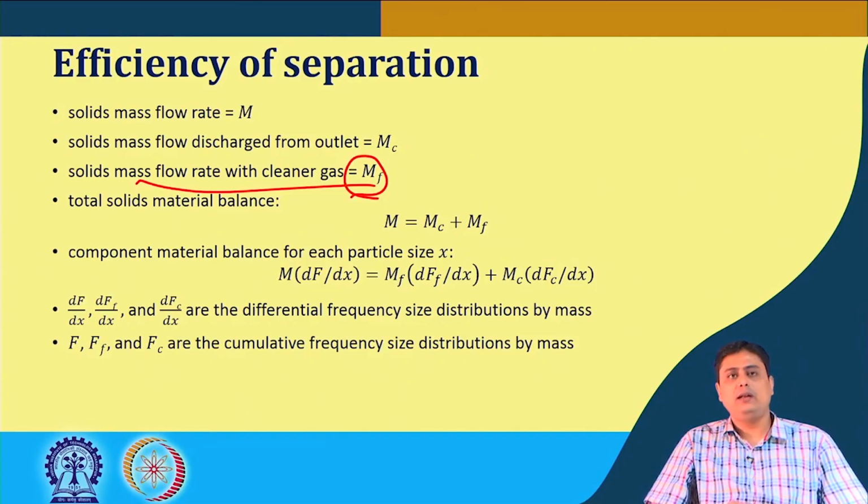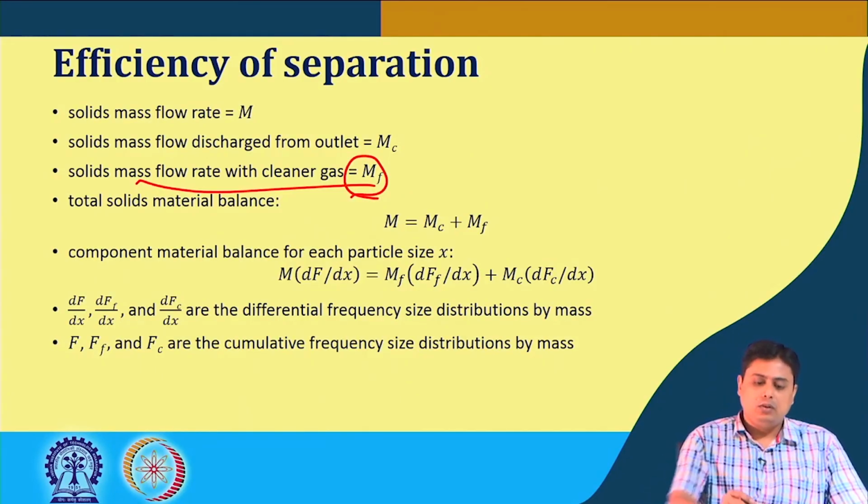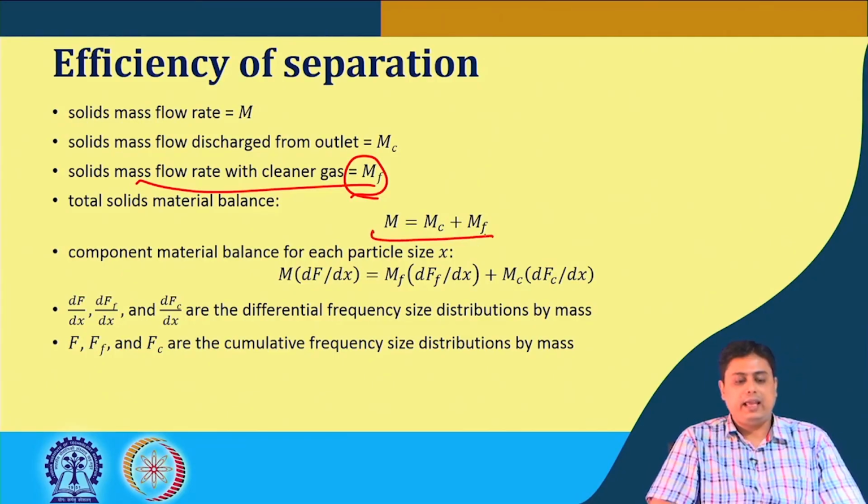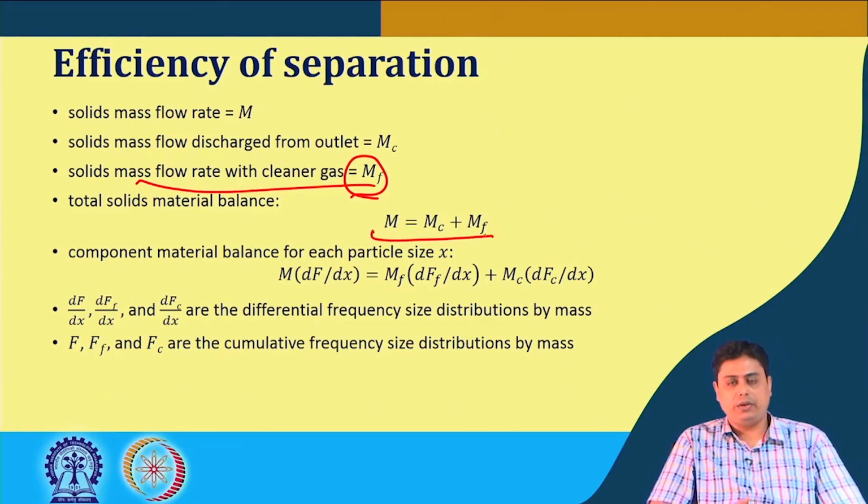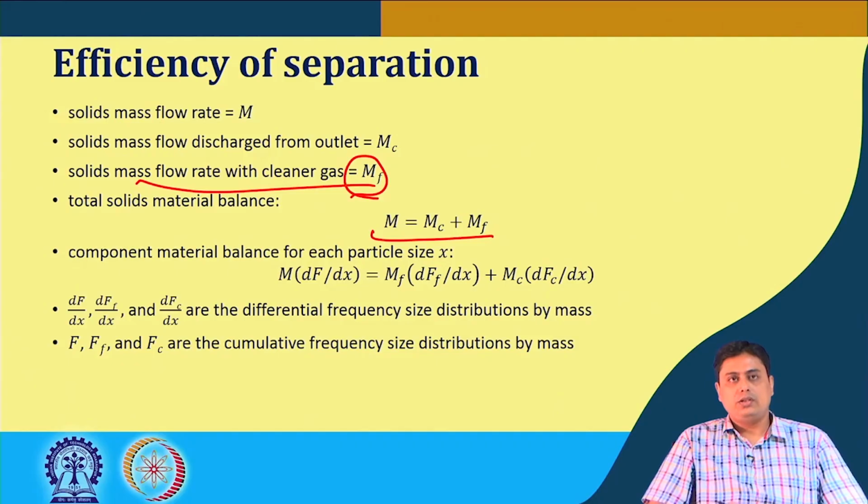Now, if we do the total solids material balance, we can write this expression that m, which is the total mass flow rate of the solids, is equal to the solids discharged from the coarse outlet and the finer outlet.